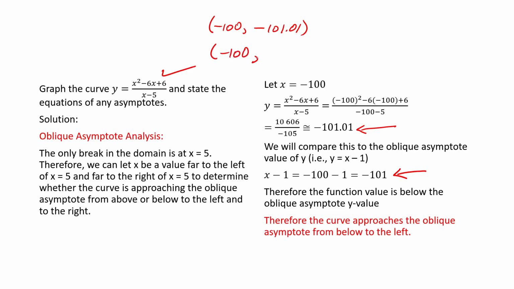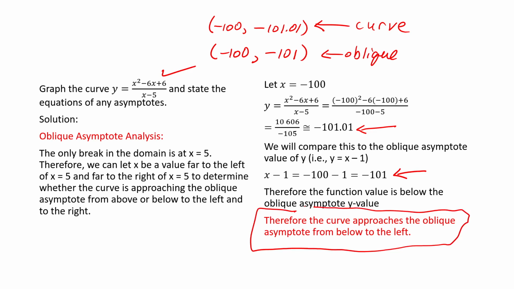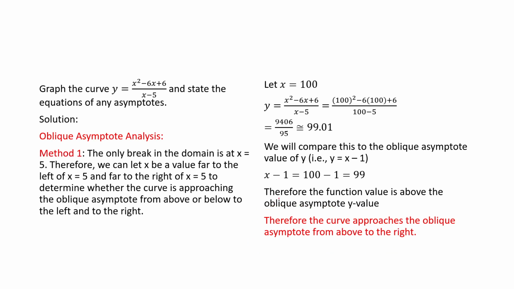So that tells us that the point negative 100, negative 101 is on the oblique asymptote, whereas the earlier point that we determined is on the curve. Well, an x value of negative 100 is to the far left, and that tells me that the y-coordinate on the curve is slightly below the y-coordinate on the oblique asymptote. That tells me that the curve is approaching the oblique asymptote from below to the far left.